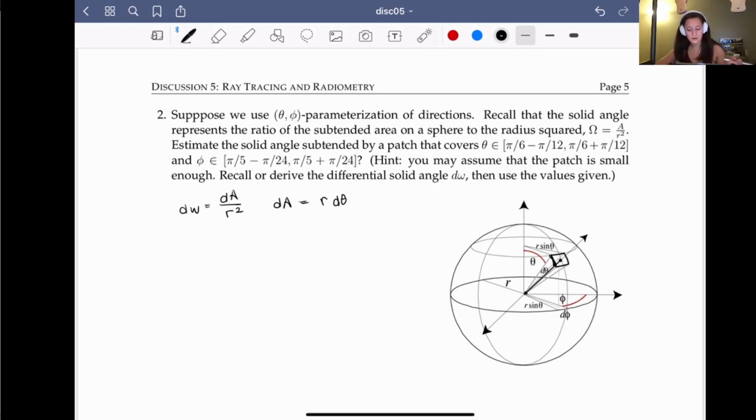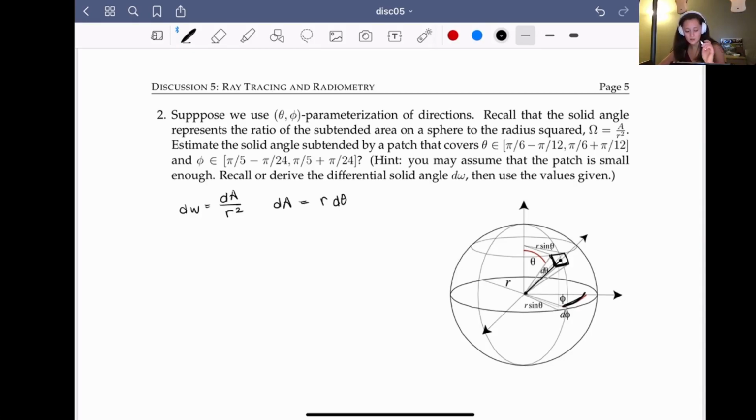And then we also have our azimuth, so that's this angle here, and that is associated with the width of this rectangular area. And then we multiply our angle by this radius here.